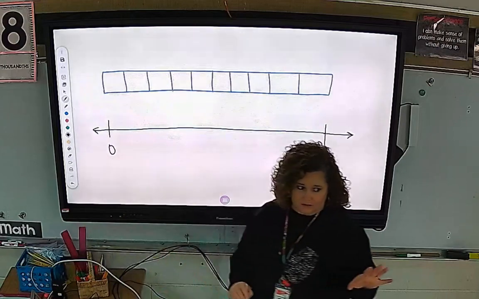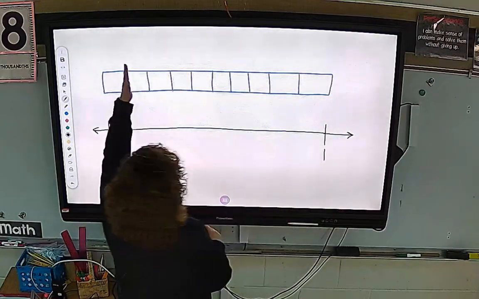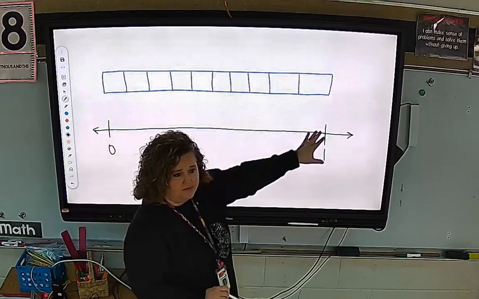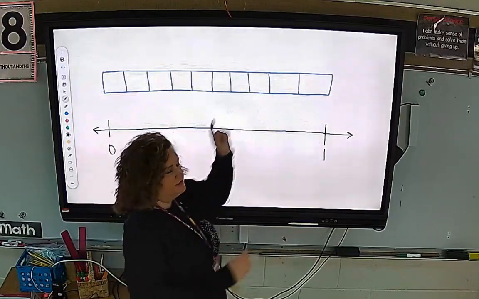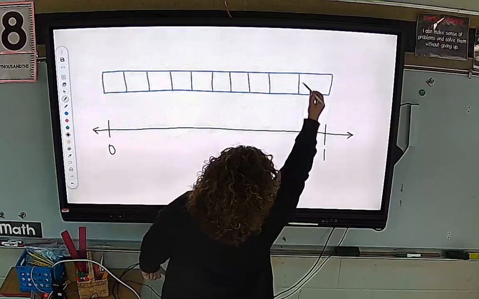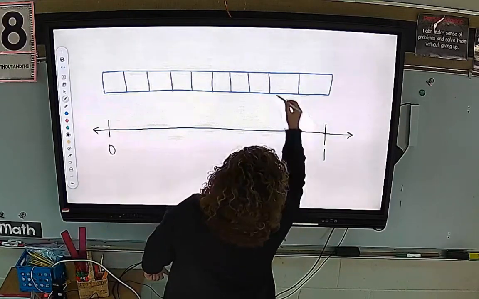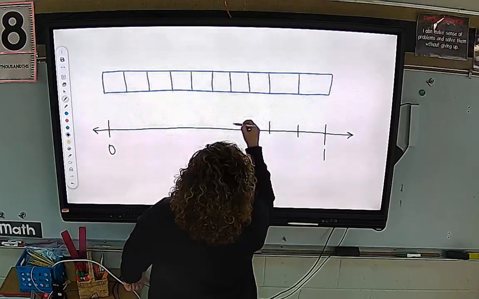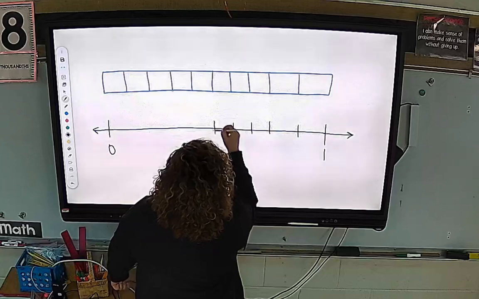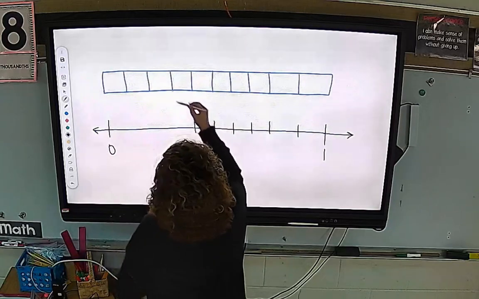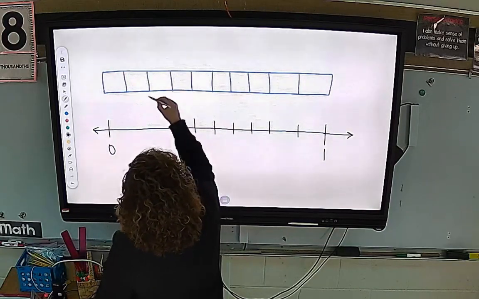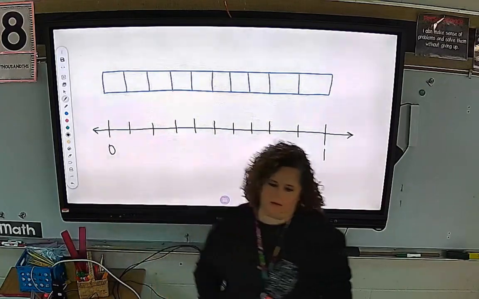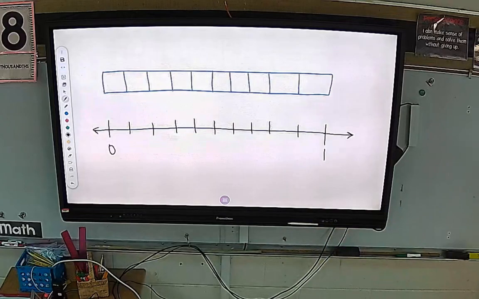Okay, and I'm going to match up these lines. Does that make sense? I'm fixing to cut this into the 10 pieces also. Same 10 pieces are right here, so I want my lines to be at the same spot, as close as I can get it. Go ahead and start your number line. I just want them to match as best as possible. It's going to help me understand and you understand what we're doing here.